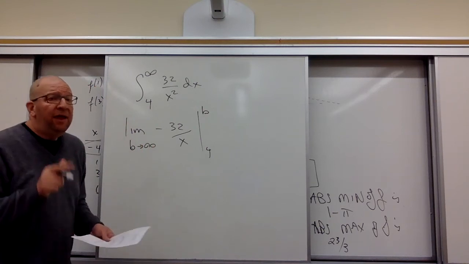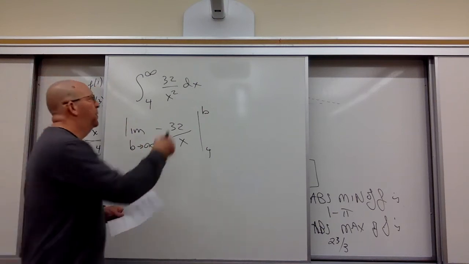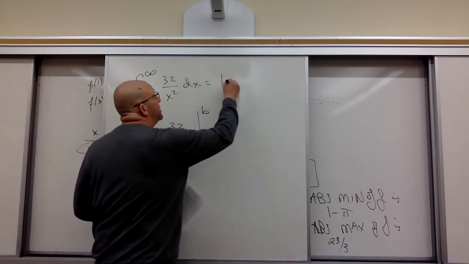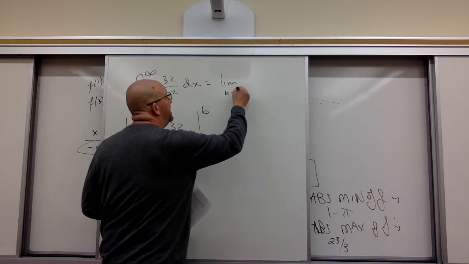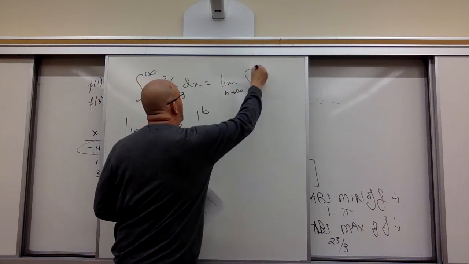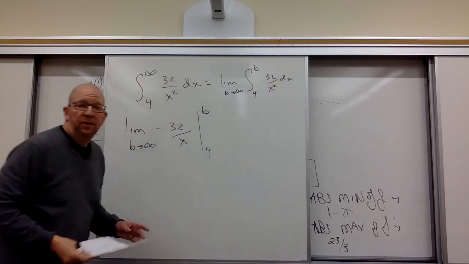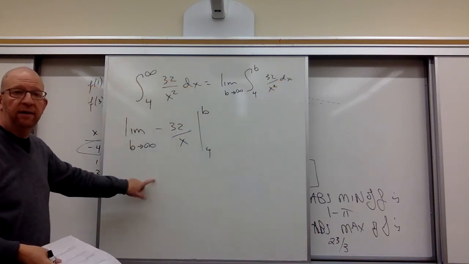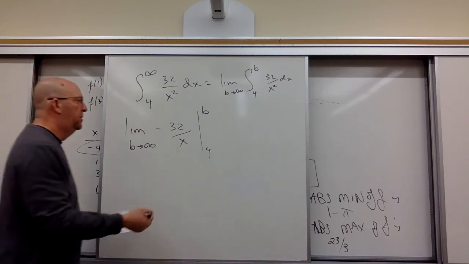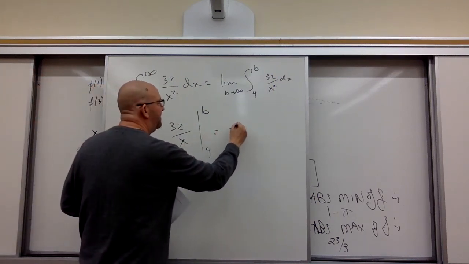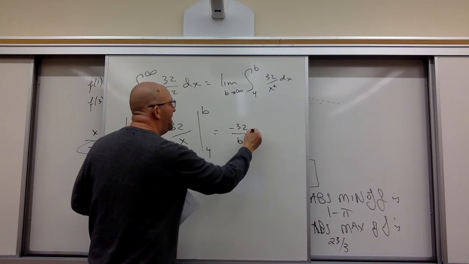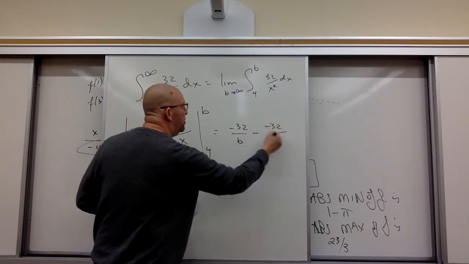Now, if this were a real calculus class, of course, you would rewrite this integral as the limit as b approaches infinity from 4 to b of 32 over x squared dx, right? But you can go right to here. Now, what does that become?